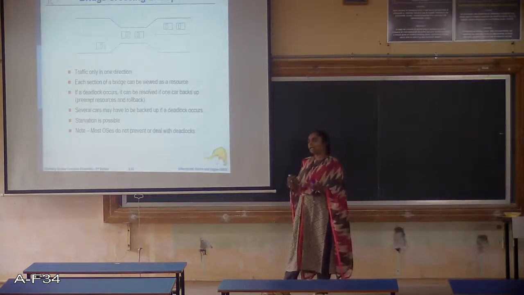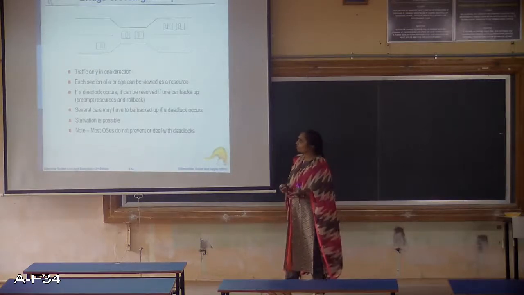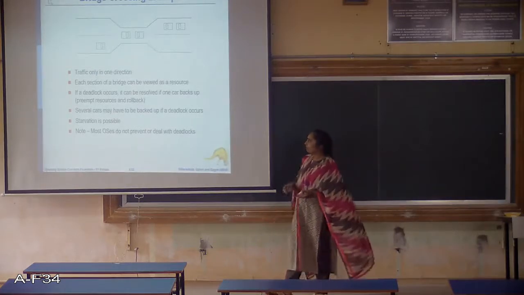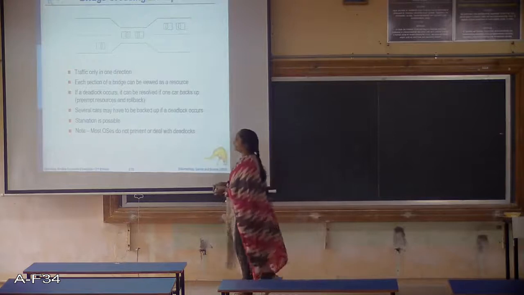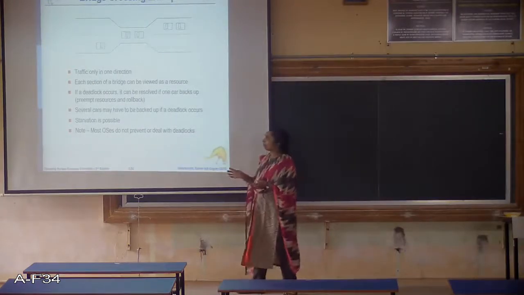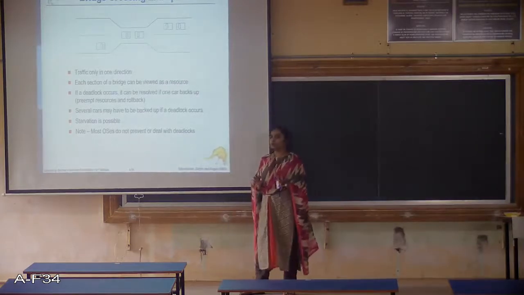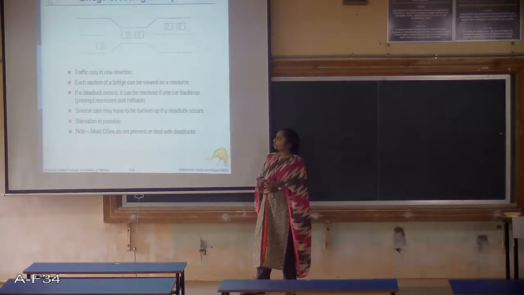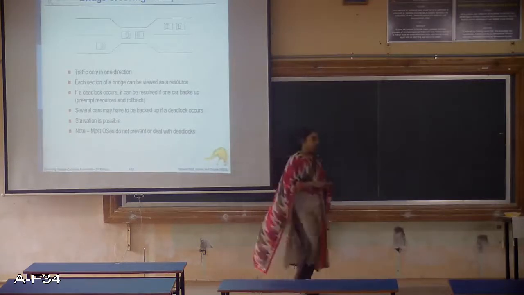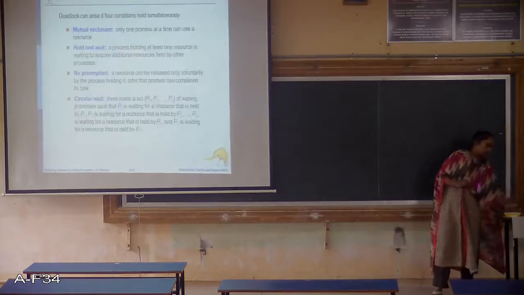Only if one takes the car back will the other cars be able to move. Deadlock can also cause starvation, and it is only possible to resolve the deadlock by preempting resources and rollback. We will see all these in today's lecture.